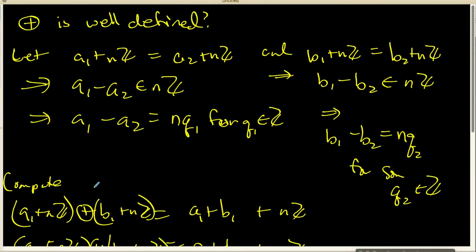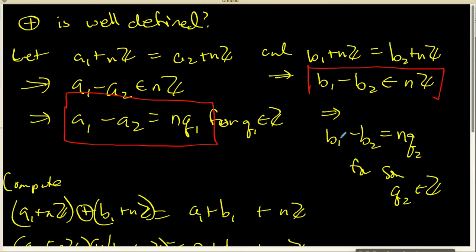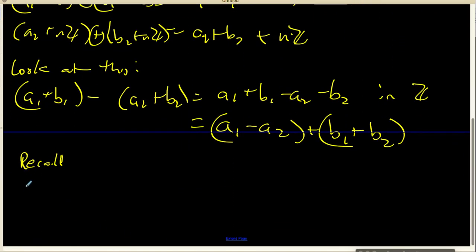We've already said a1 - a2 = n·q1, and b1 - b2 = n·q2. So I want to copy these two facts down where I'm doing my work: a1 - a2 = n·q1, and b1 - b2 = n·q2.